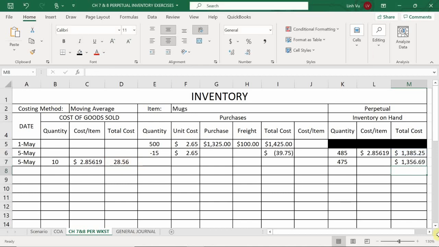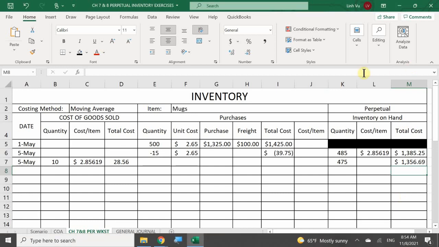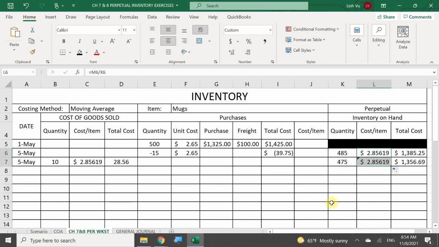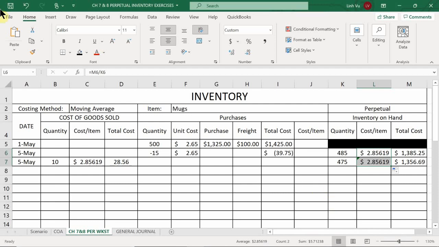Good, bringing my new average cost per item to be... what's this middle number here? What's my new average cost per item? $2.8562. Okay, so same thing, it did not change because you didn't sell like 100 of them. You only sold 10. So the cost per item is not going to change that much.